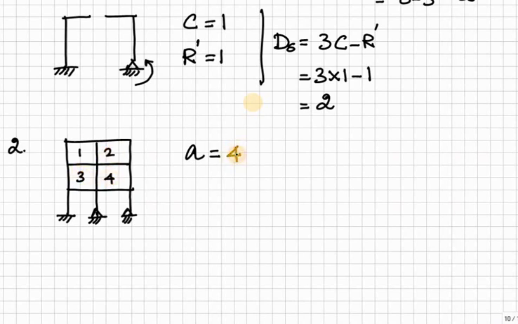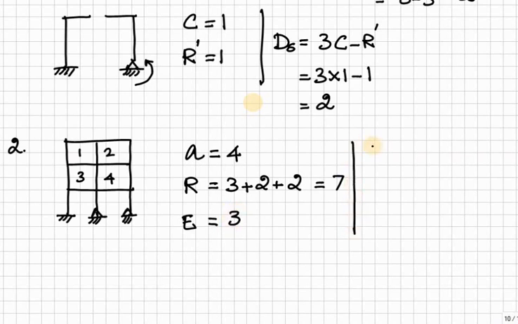Therefore, A is equal to 4. And the reaction capital R is equal to 3 plus 2 plus 2, is equal to 7. E is equal to 3. So it's a 2D structure. So sigma H is equal to 0, sigma V is equal to 0, sigma M is equal to 0.